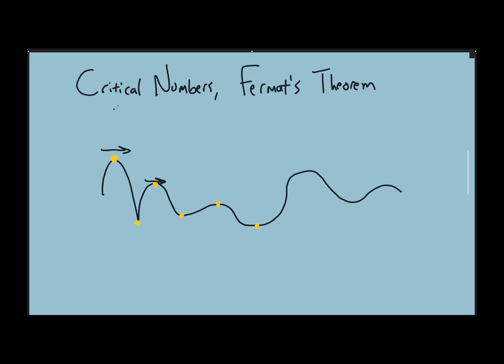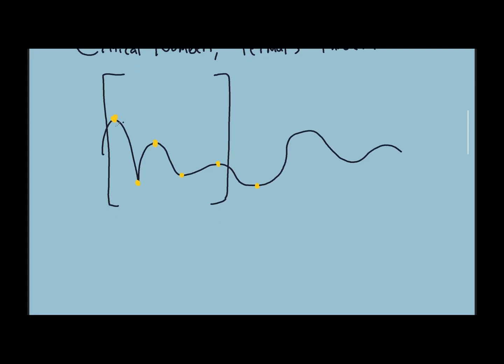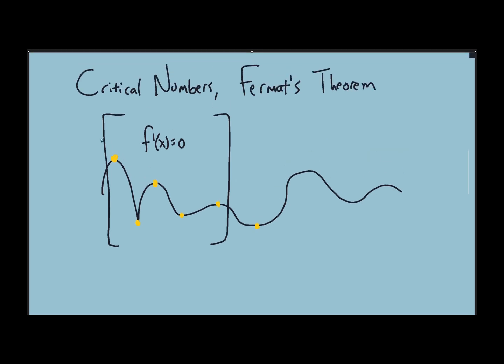So, expanding on that, Fermat was like, okay, if you take a closed interval like this, and you find all the critical numbers, like this, you find them by saying where f prime of x equals 0. And wherever you find that, that's here, that's here, that's here. One of those is going to be your absolute maximum or minimum. It's here, here. So that's the entirety of the lesson for this calculus explainer.